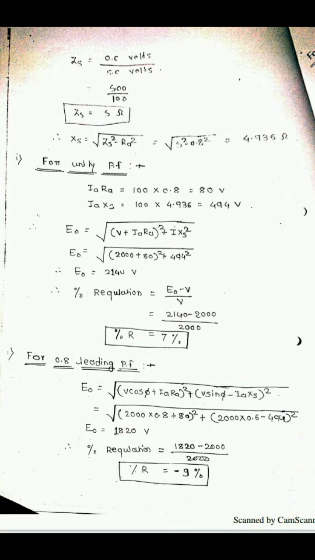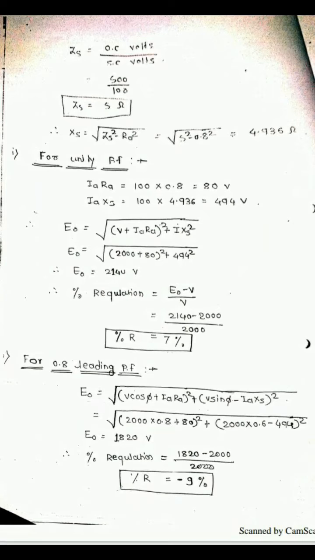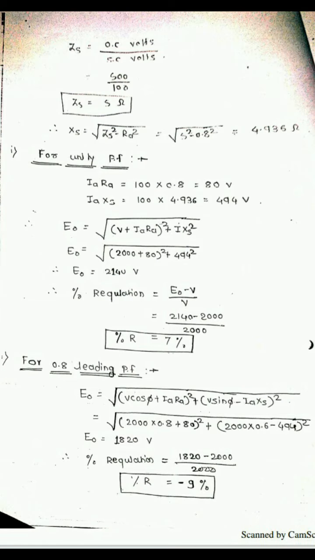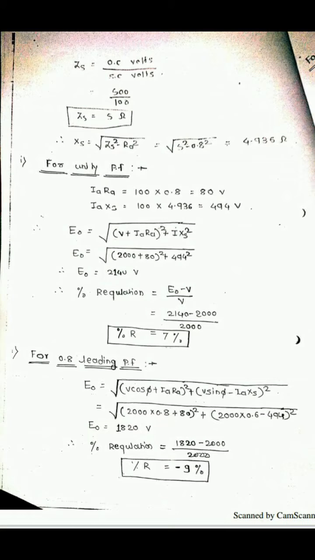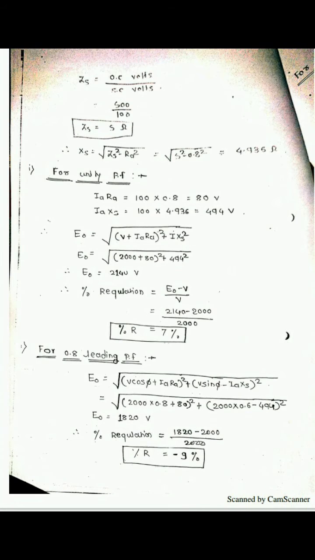If you know the value of Zs, then it will be easy to calculate the synchronous reactance. We have the formula Xs is equal to square root of Zs square minus Ra square. Substituting the values into this equation, we get Xs. So the value of Xs is 4.936 ohm. So these are the values of Zs and Xs.